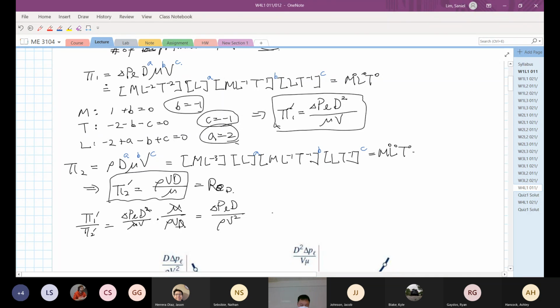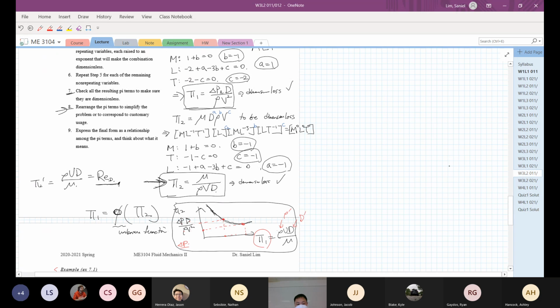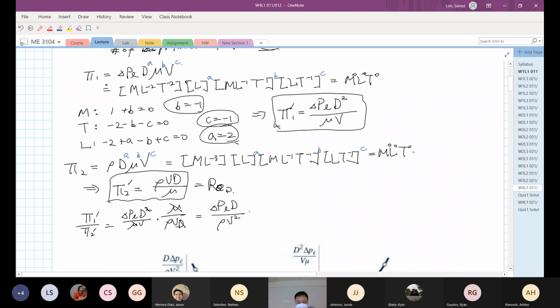Okay, what is it? Let's go back here. This is exactly the same form of the pi 1, right? So this is, let's see, pi 1. So this is how we can manipulate the pi terms.